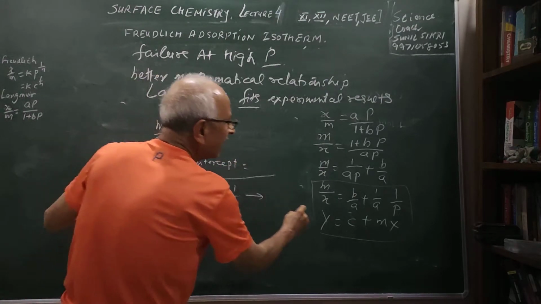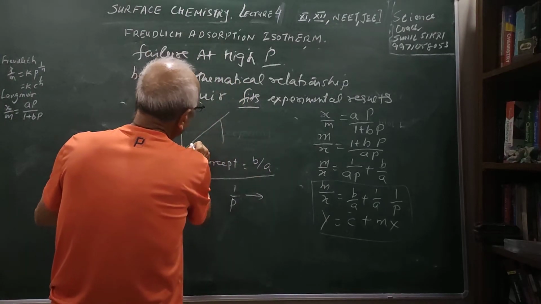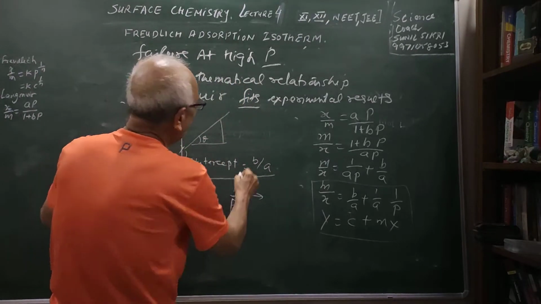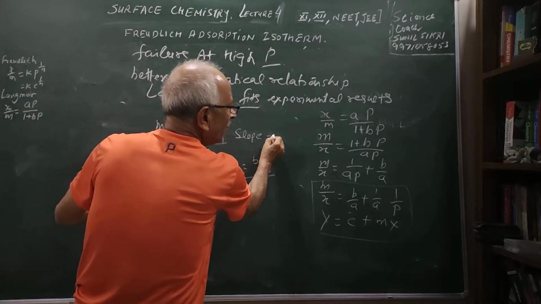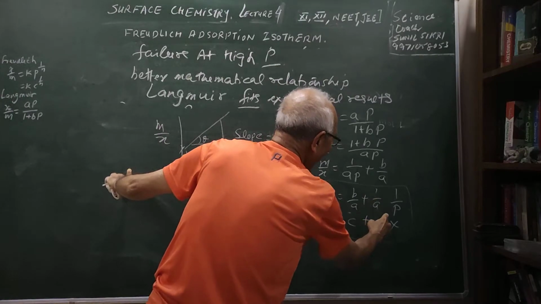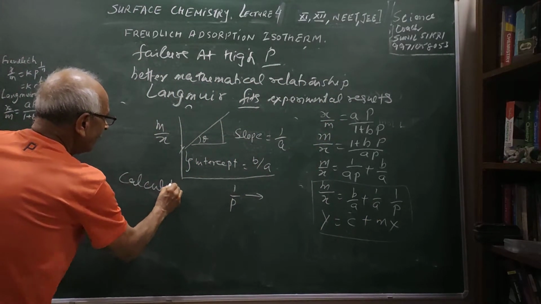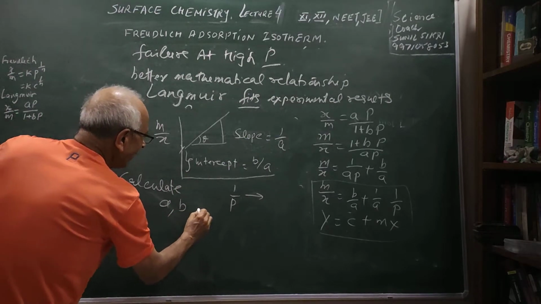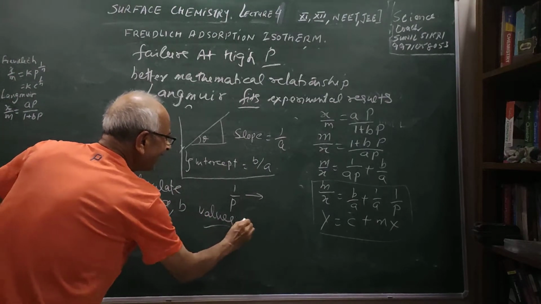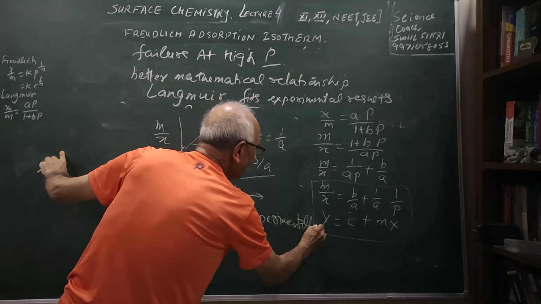Intercept will be here, C, which is B by A, students, and this is my theta. What will be the slope? Slope will be equal to 1 by A. So by this method we can calculate A and B values experimentally.